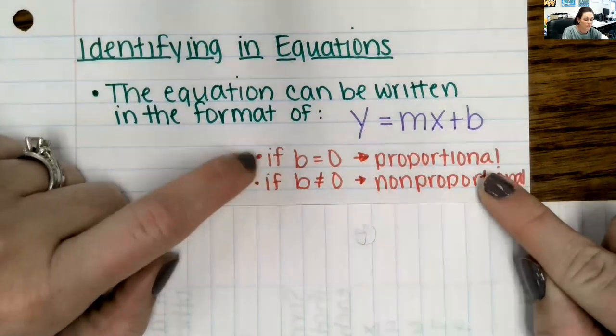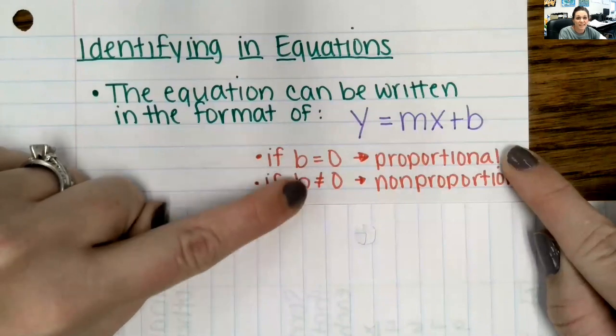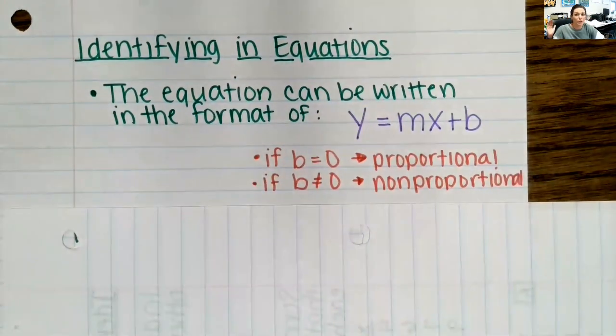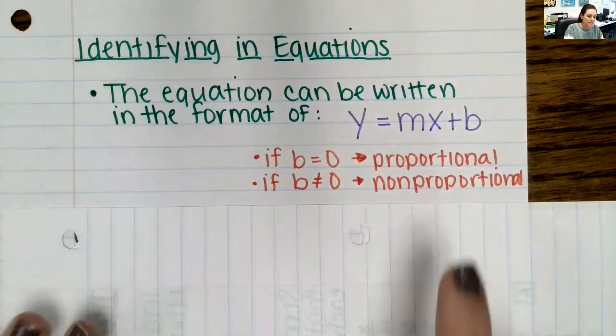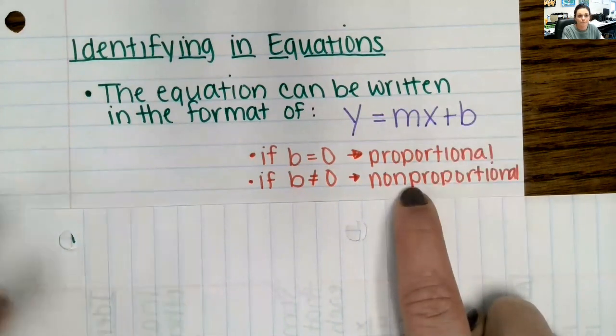If b is 0, it's proportional. If b isn't 0, so it's 1, 2, 8, 24, negative 56, 254, 1,642, no matter what it is, it could be 0.000785, it's non-proportional. So b is a number, and it can also be negative, it is non-proportional.